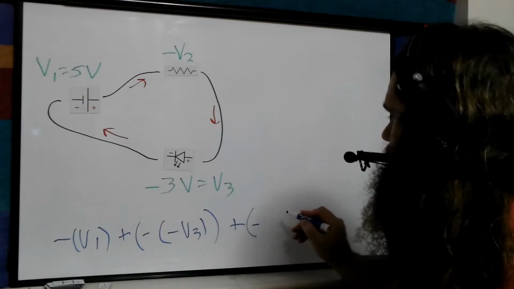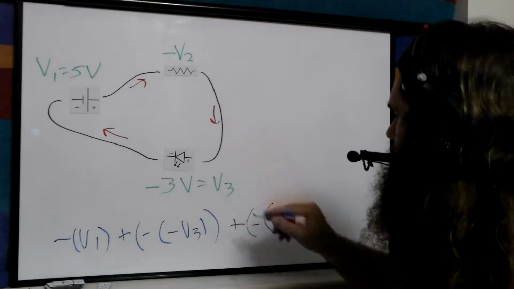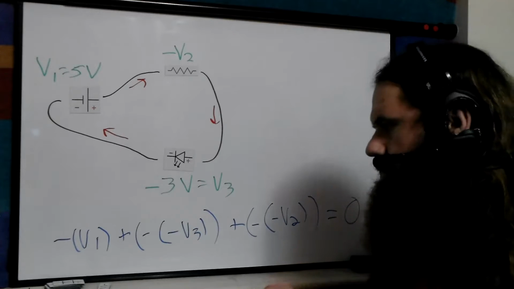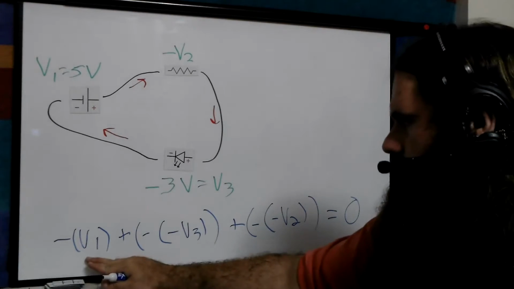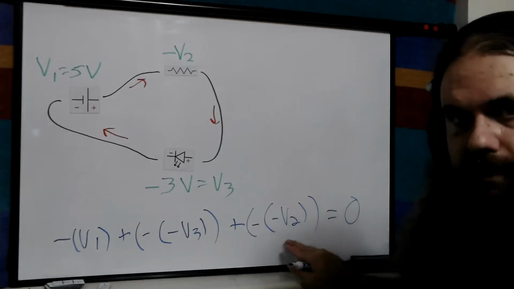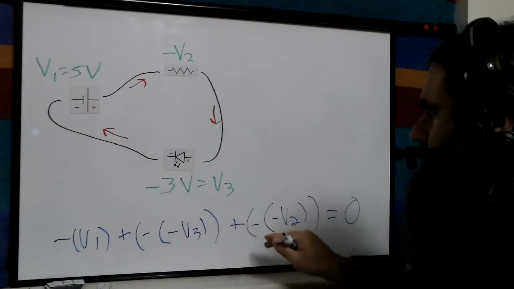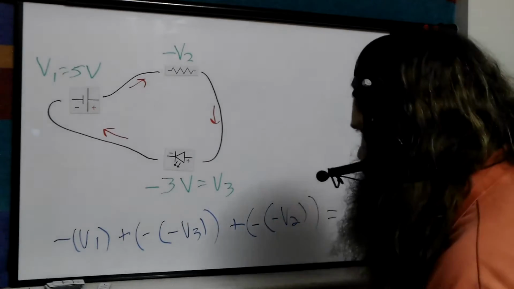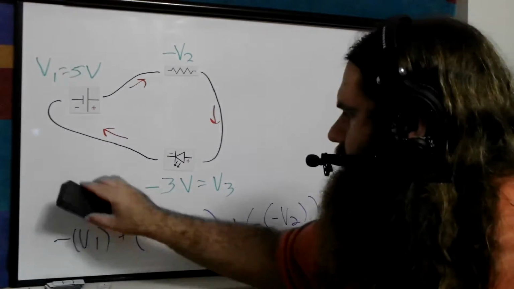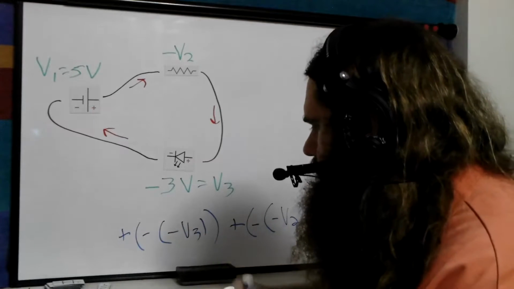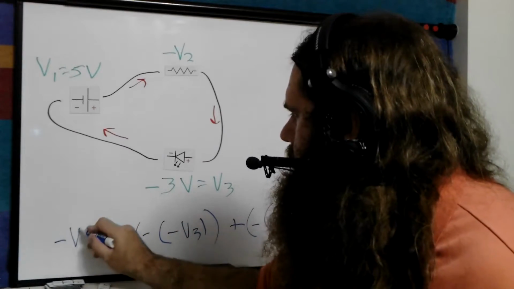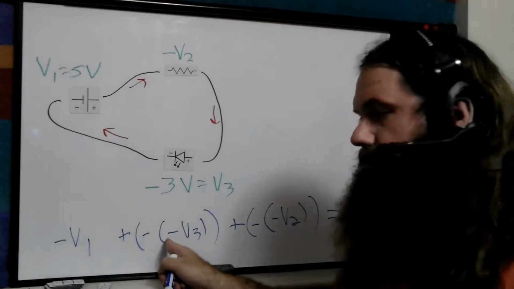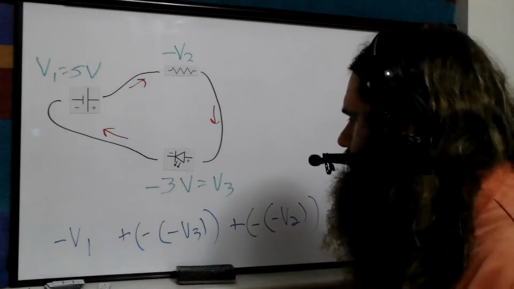So negative V2 equals 0. So it's the same thing we had before. V1 minus V3 minus V2 all added, but we've negated all of them because we've gone against the arrows. So now we simplify. This is just negative V1 plus minus minus V3. Well, minus and minus is plus, plus and plus is plus.